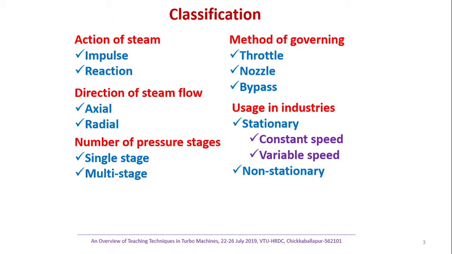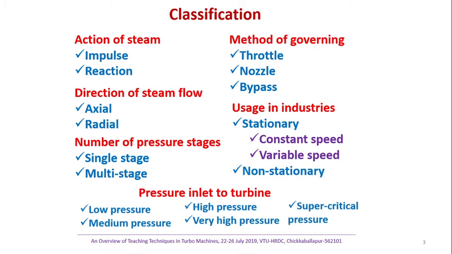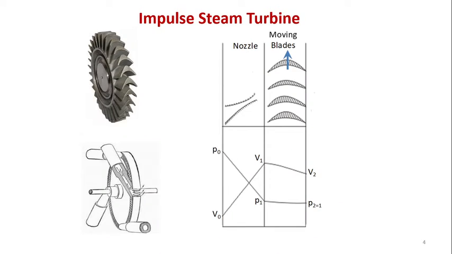Next, by pressure inlet to turbine: low pressure, medium pressure, high pressure, very high pressure, supercritical. These are some of the classifications of the steam turbine.